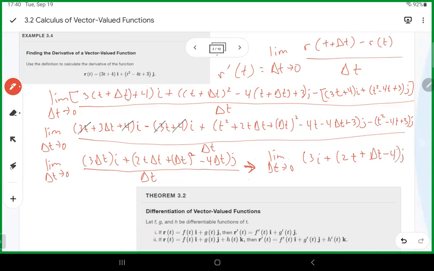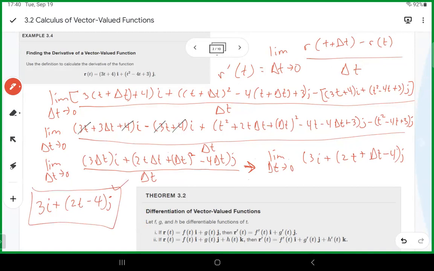Okay. So if delta t is approaching 0, then our answer here will be 3i plus 2t minus 4j. All right.